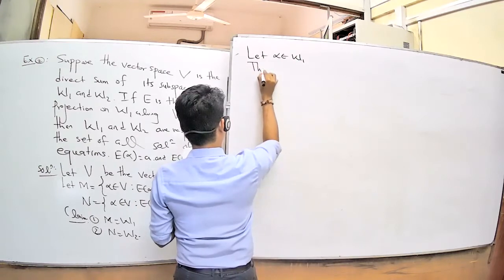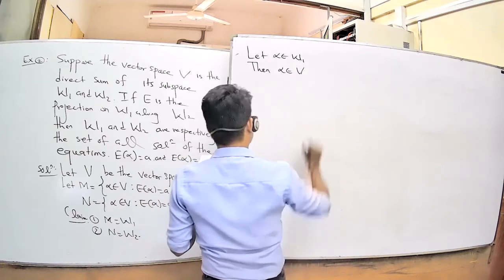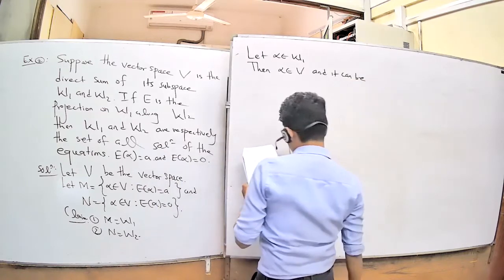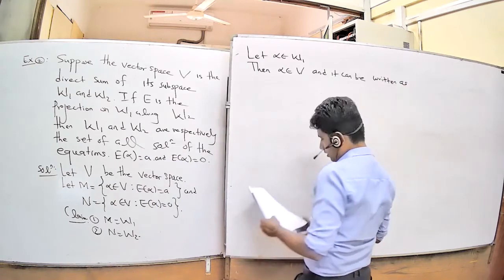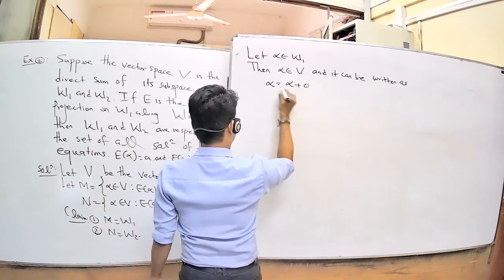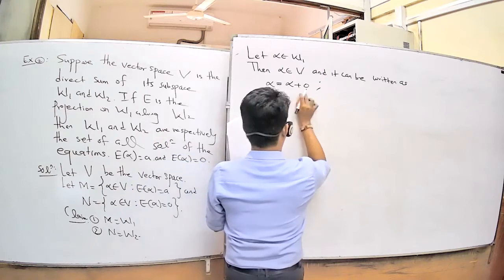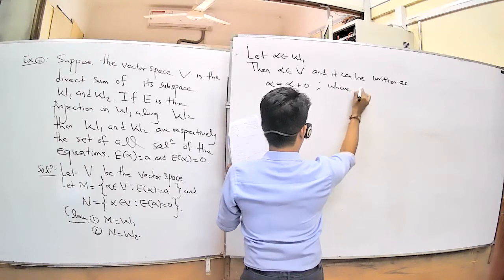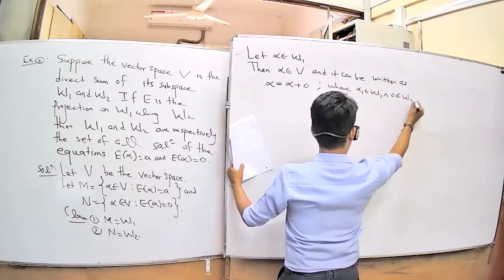Then this alpha belongs to V, and it can be written as alpha equals alpha plus 0, where alpha belongs to W1 and 0 belongs to W2.